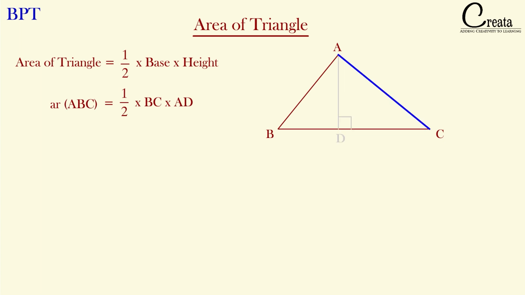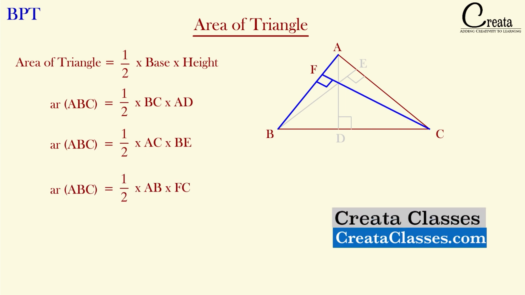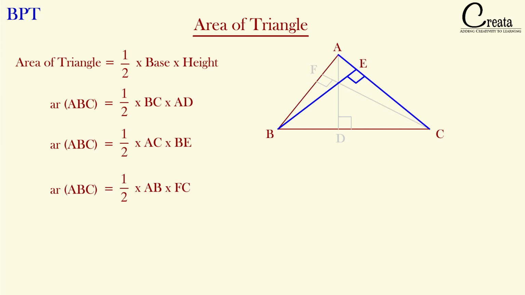Similarly, we can take the base as AC, then the perpendicular will be AE. If we take the base as AB, then the perpendicular will be FC. Perpendicular will change as per the base we take for calculating the area of the triangle ABC. Got it? Area by using all these three formulas will be same, which is basically half into base into height.